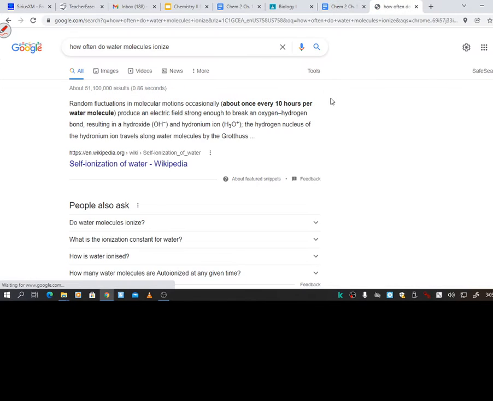If I look at this, it says random fluctuations in molecular motions occasionally, about once every 10 hours per water molecule. So if you're looking at your drink, like this water bottle of mine that has been in here for 10 hours, in 10 hours' time, one water molecule has broken down and come back together.